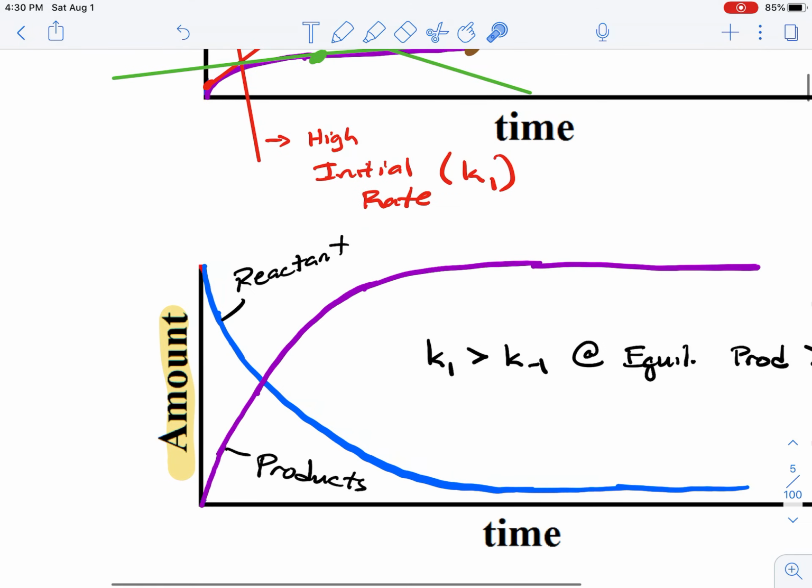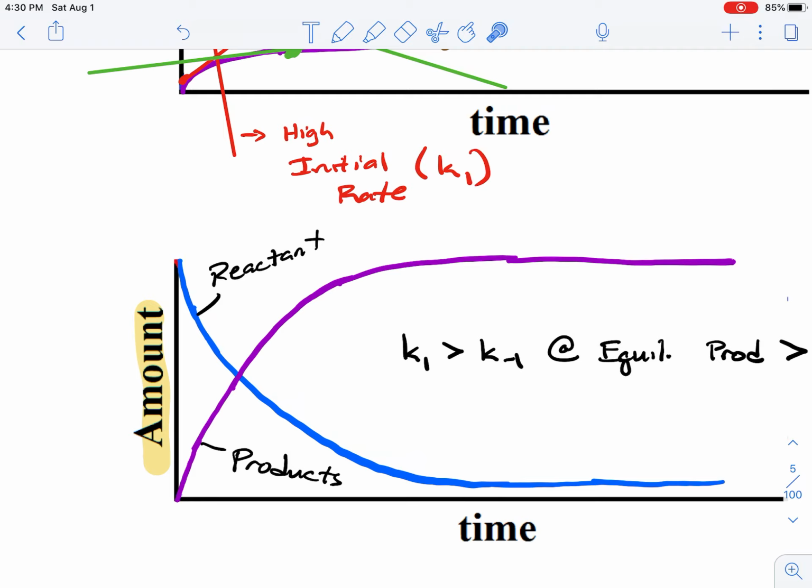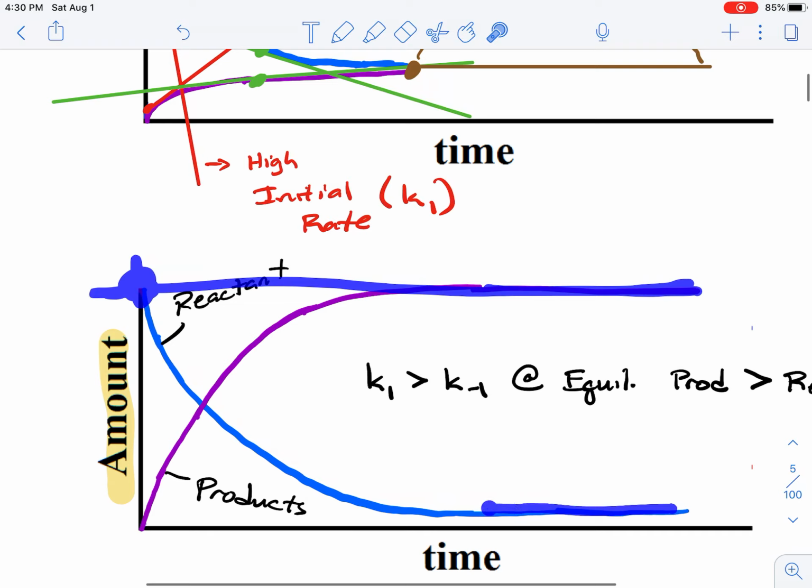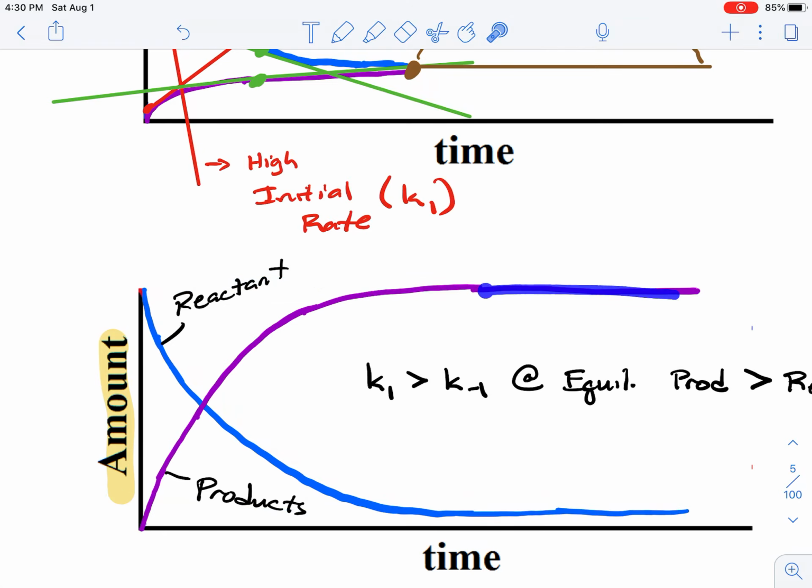And so if the rate of the forward is greater than the rate of the reverse, then the amount of products, and we can draw a horizontal line, notice that it hits this specific point, which is much higher than this specific point. This purple line represents products, and this blue line represents reactants.